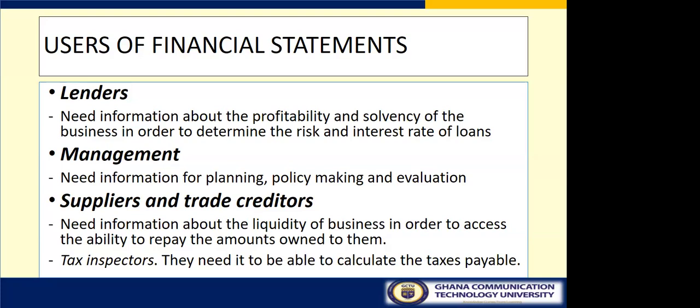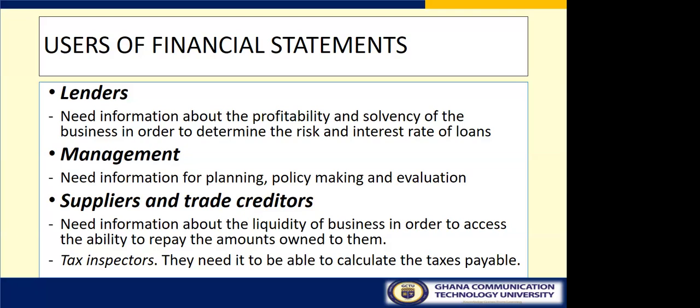What I want to add is that a lender is either an individual or an organization that has surplus of funds, and lends money to the financial institutions or the financial intermediaries, to borrowers.